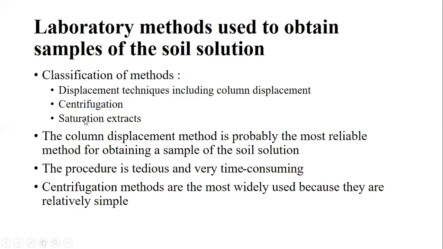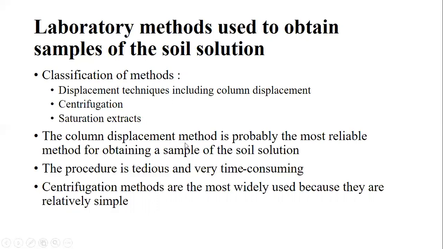But this one has more moisture, double. So the concentration in this extract will be half the concentration in the field capacity extract. So that's why we can use this and relate it to the optimum we need.